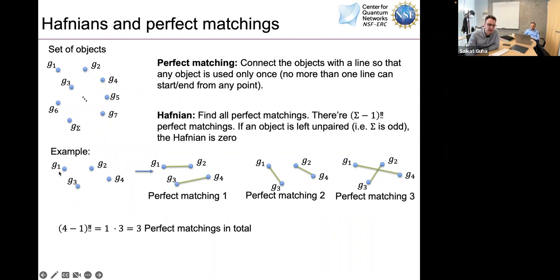I can connect this one to this one, this one to this one, and G2 to G4. So I get perfect matching number 2. And the last one is to connect 1 with 4 and 2 with 3. In total, I have that many, a double factorial. You just multiply 1 by 3 by 5 if you have more, and so on and so forth. So this is what a Hafnian is.